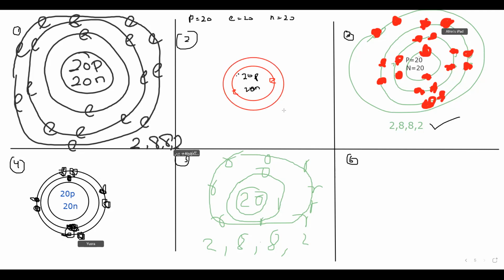The second shell can have a maximum of 8. The third shell can have a maximum of 18, but for the first 20 elements it's 8 again.